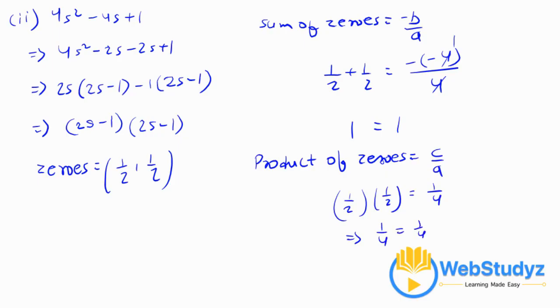Move on to the third one, that is 6x square minus 3 minus 7x. We can write this as 6x square minus 7x minus 3.